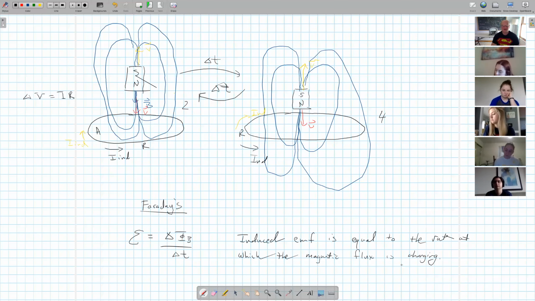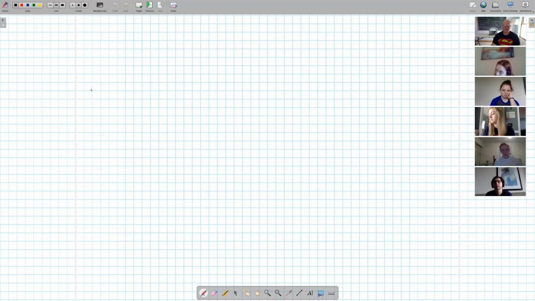Okay. Now, before we move on, this can happen one of three ways. So what are the three ways this can happen? Anyways, way number one. My EMF is equal to the time rate of change of the magnetic field times the area times cosine of the angle between the two.